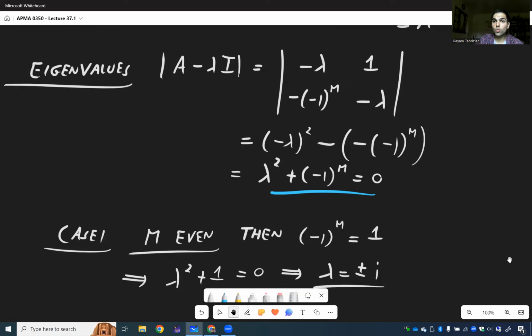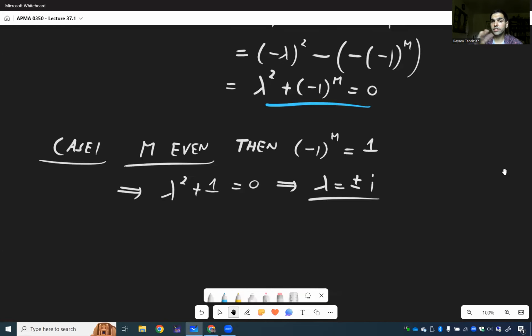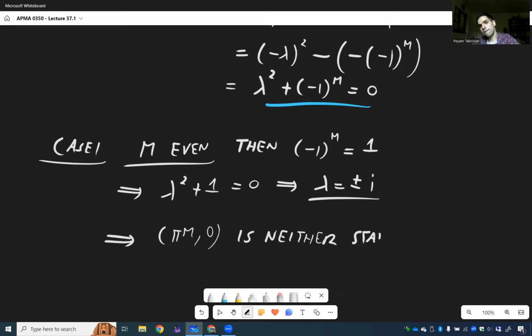And in this case, the real part is 0, so this is purely imaginary. If you remember the recipe, in this case, it's neither stable, unstable, nor saddle.